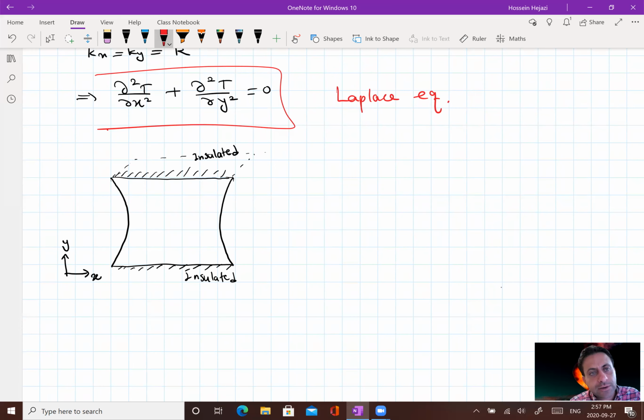If somehow you know the temperature profile inside that and you want to plot it, let's assume the left surface is T1 and the right surface is at a lower temperature, T2, okay?